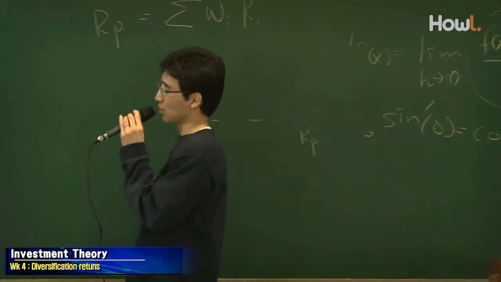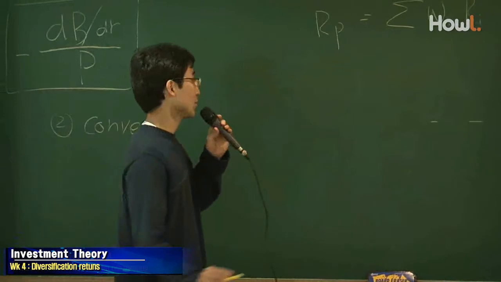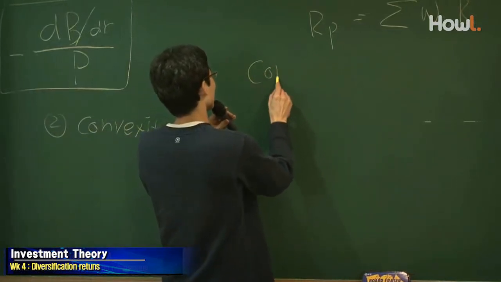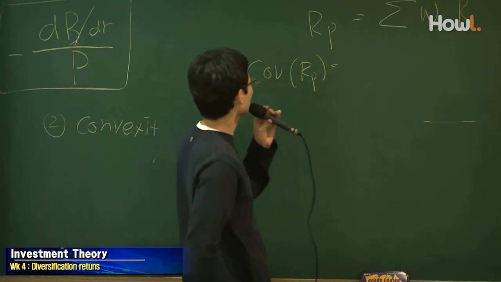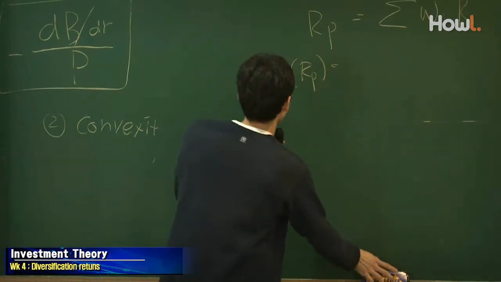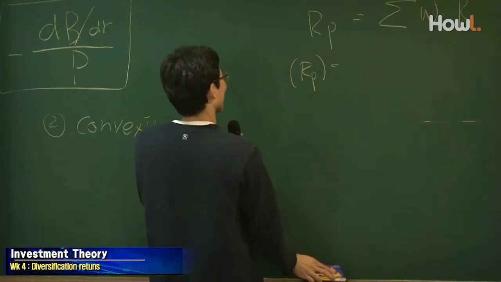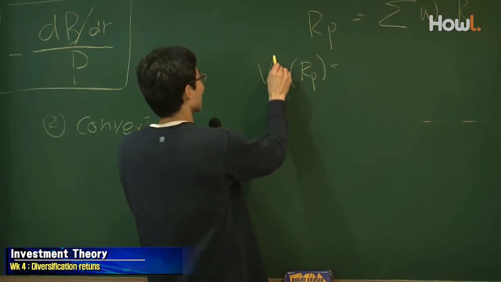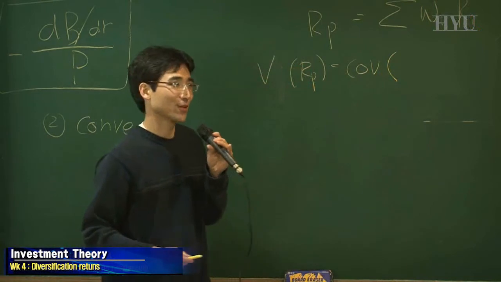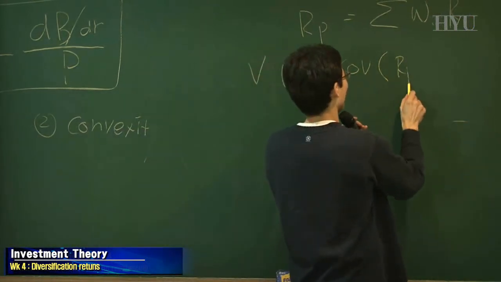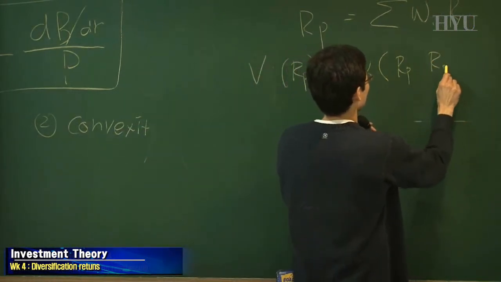Therefore, when we calculate the variance of Rp, it is basically the covariance with itself. It is the covariance between Rp and Rp.